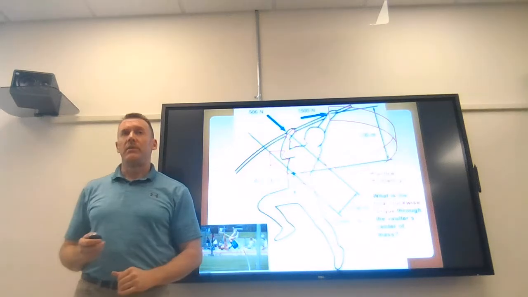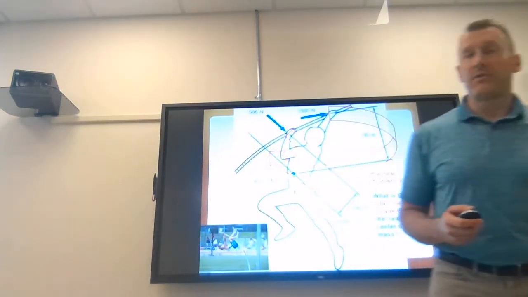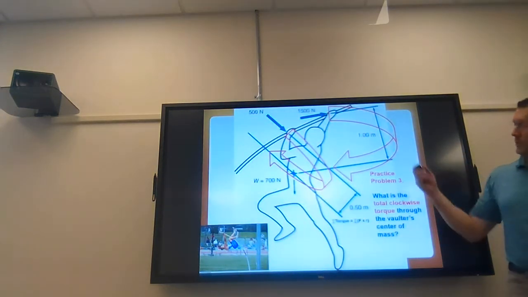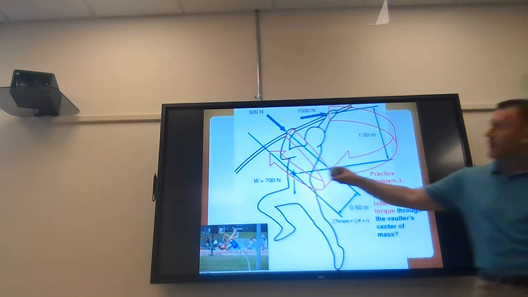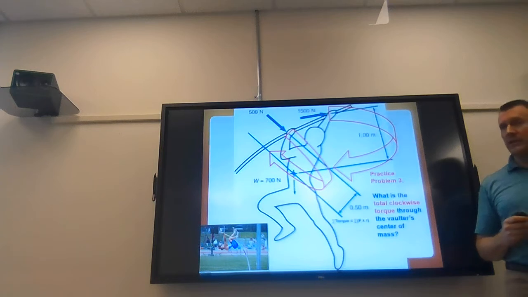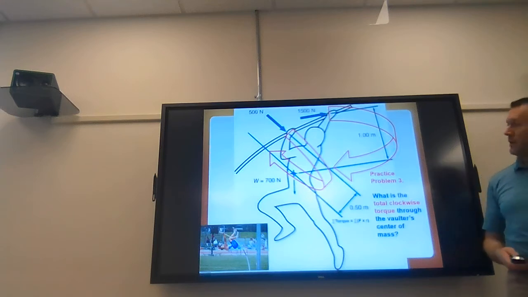So pretty simple, pretty straightforward. You just calculate both torques, 1,500 times 1, 500 times 0.5, and then you add them together. What'd you get? Yeah, 1750 Newton meters. Newton meters are the units we use for torque.